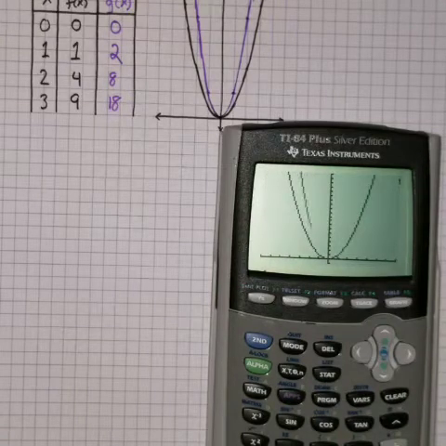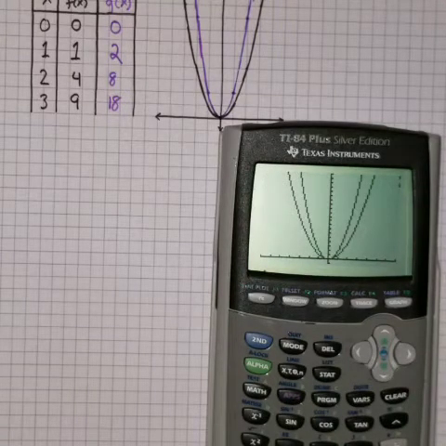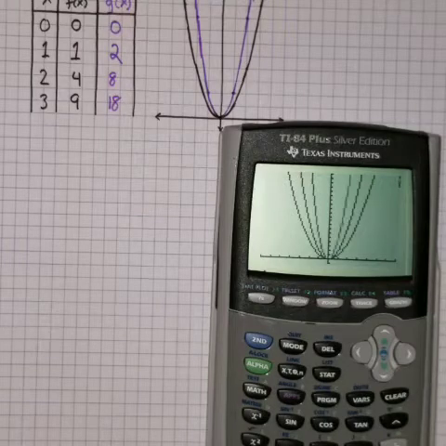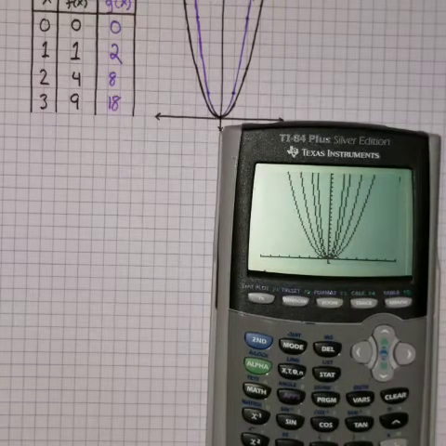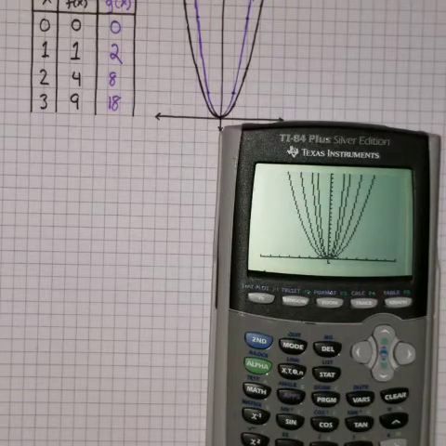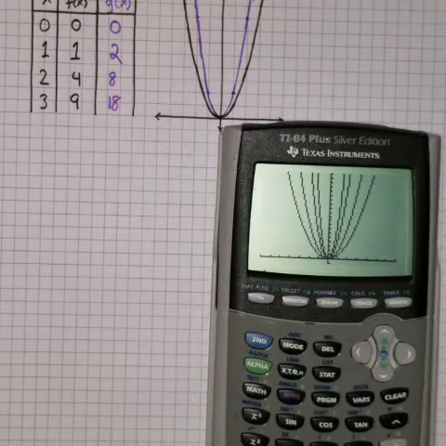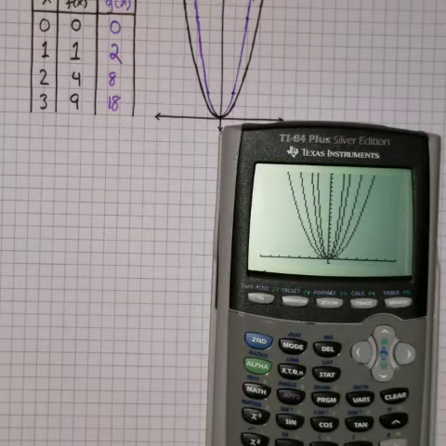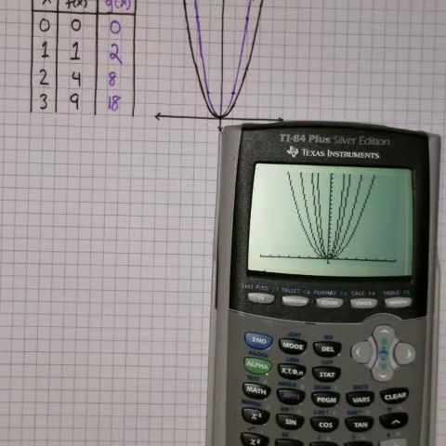And so now I'm focusing in. There's x squared. There's 2x squared, that's the narrower one. There's 5x squared, even narrower. And 10x squared, that one's even narrower yet. And so you can see how the increase in that multiplier is going to lead to a narrower and narrower graph, a stretching away from the x-axis.